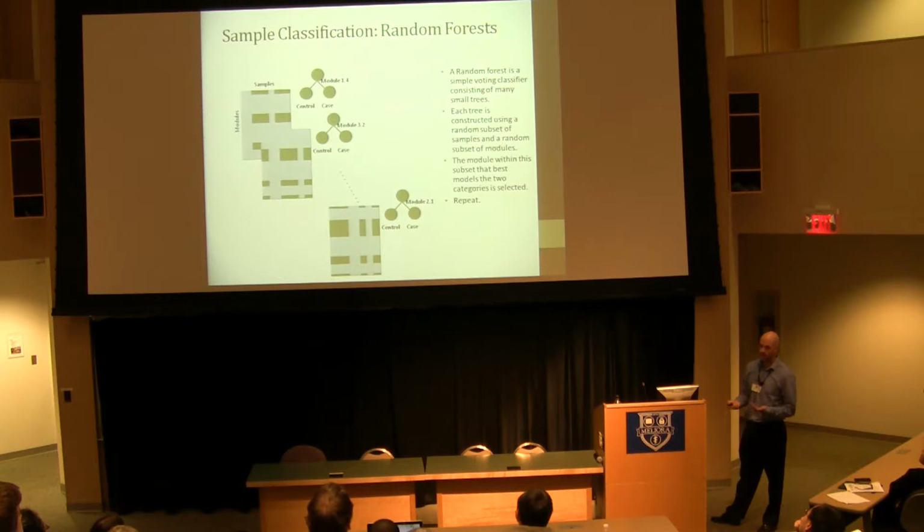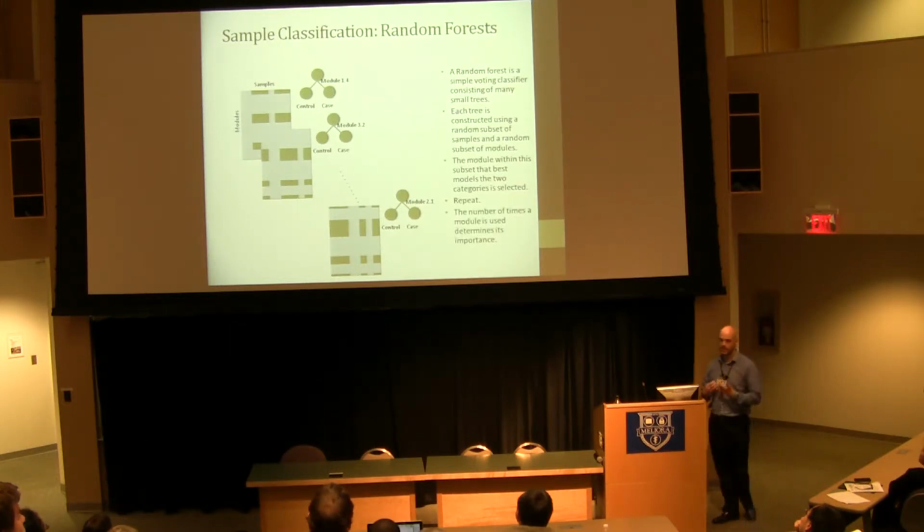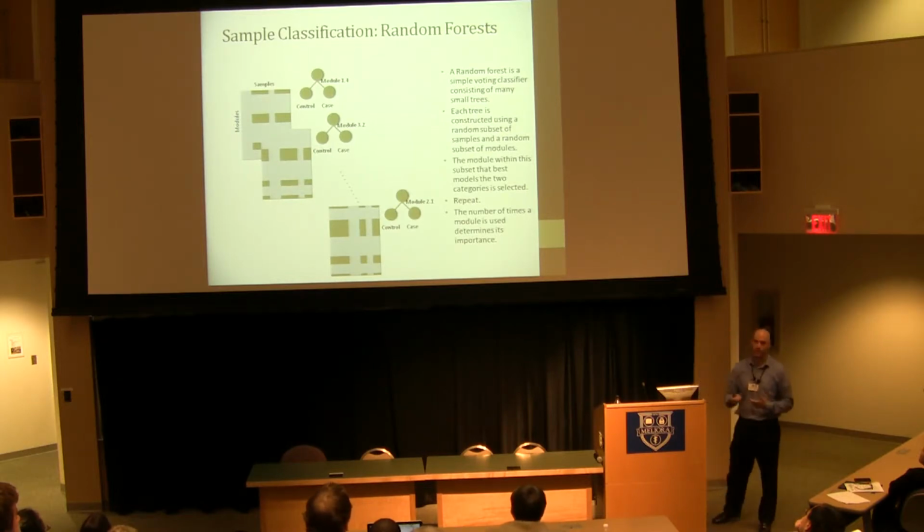And one of the best parts of it is that you can intuitively understand why you're using certain modules and which ones are most important. They're simply the modules that are used most often. It's a little more sophisticated than that, but it's which modules are used most often in all these trees.